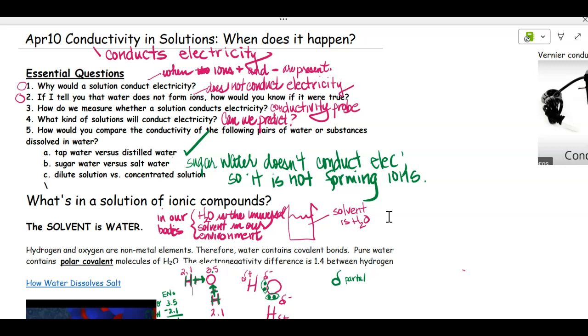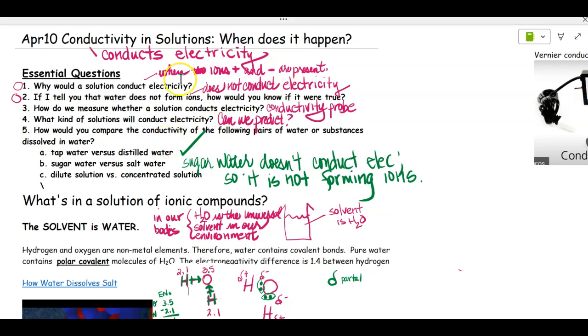So we were using the conductivity probe to put into solutions to see what actually happened. Because since ions are invisible and particles are invisible, we have to figure out ways to measure them that indicate to us what's actually in the solution.